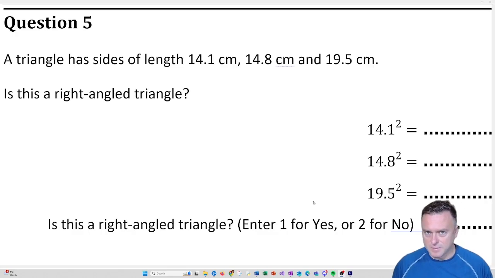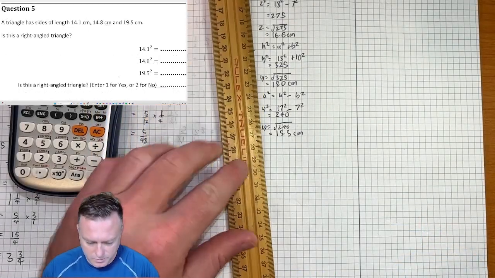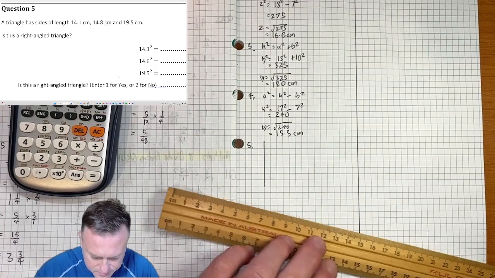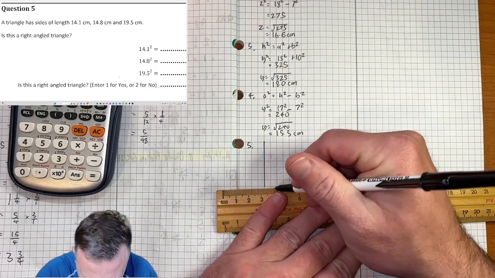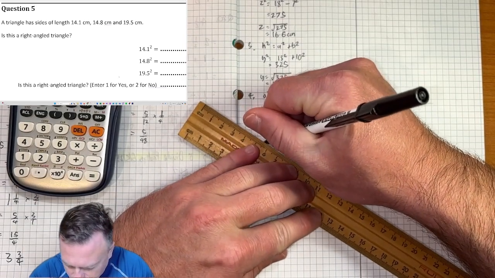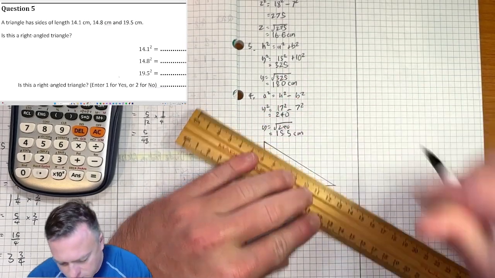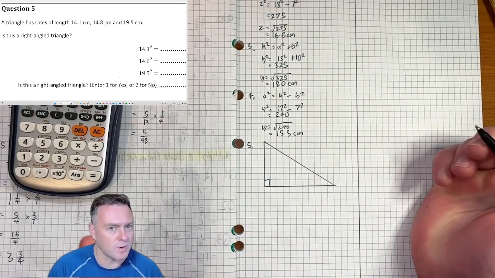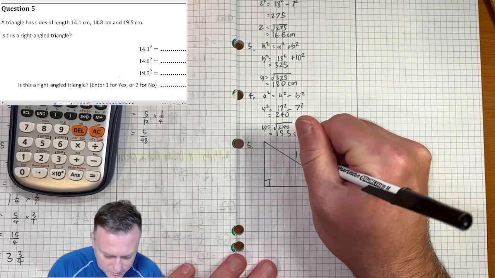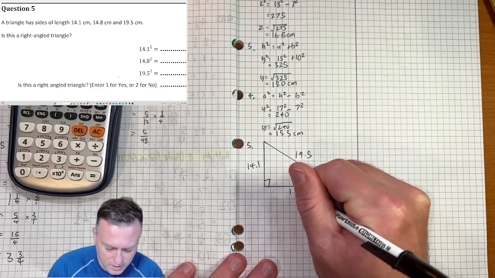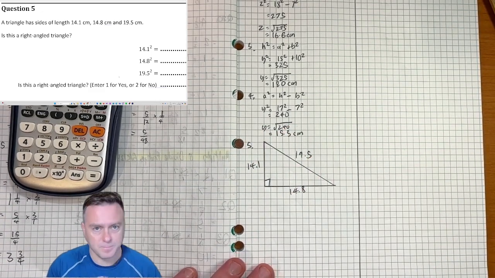That's the first step here. Grabbing our ruler. And it's super rough. So we're proving that this is a right angle triangle, so therefore the 19.5 would be the longest, and then you've got 14.1 here and 14.8 here.